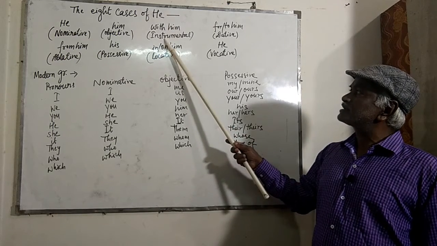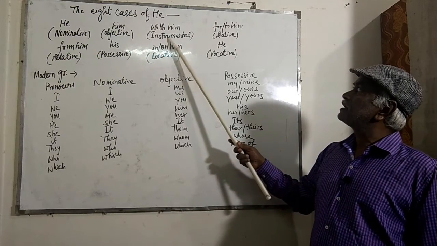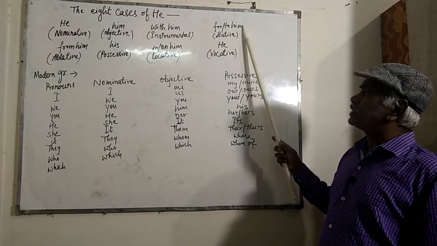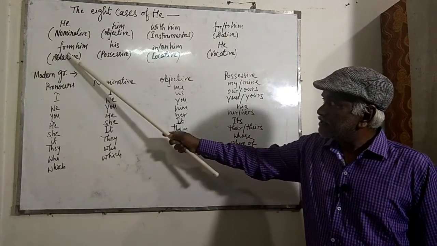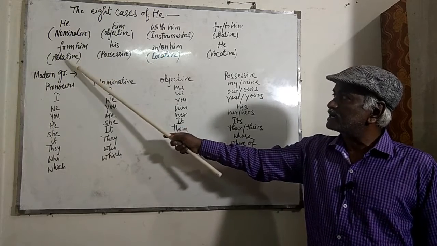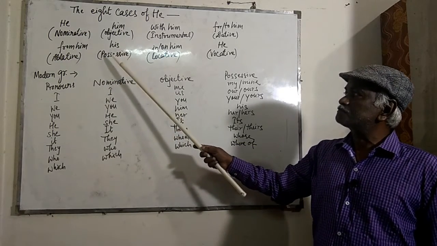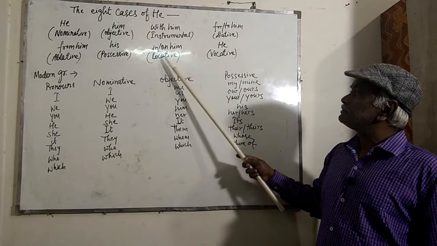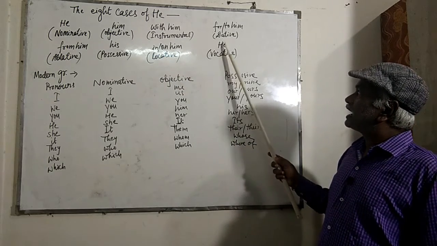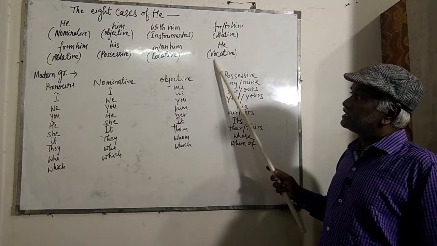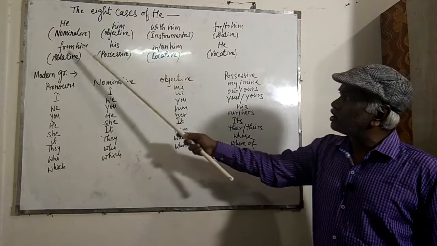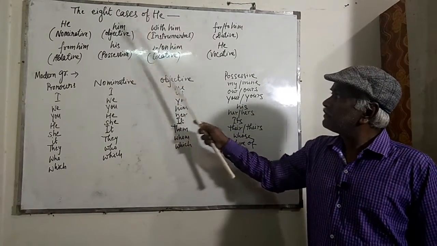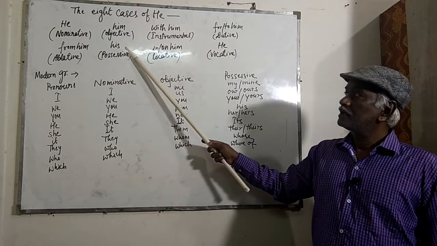Its instrumental case becomes with him and dative case becomes for or to him. Then from him becomes ablative case, his becomes possessive case, in or on him becomes locative case, and he becomes vocative case. So if we go through all these, there are 3 forms only: he, him and his.